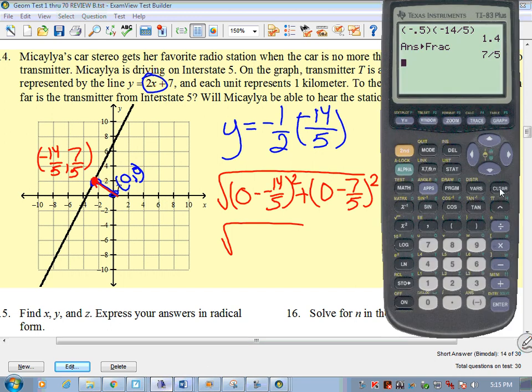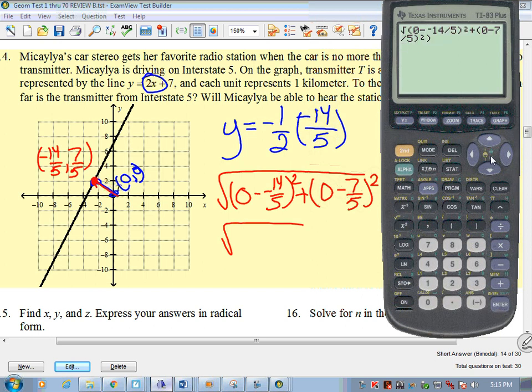Okay, so I think we can do that all as kind of a single thing. Let's hit second, get our square root, and we can do the whole thing if we want: 0 minus negative 14 divided by 5, hopefully this will work, plus 0 minus 7 divided by 5, nope, delete, squared, and we'll close up the parentheses and hit enter.